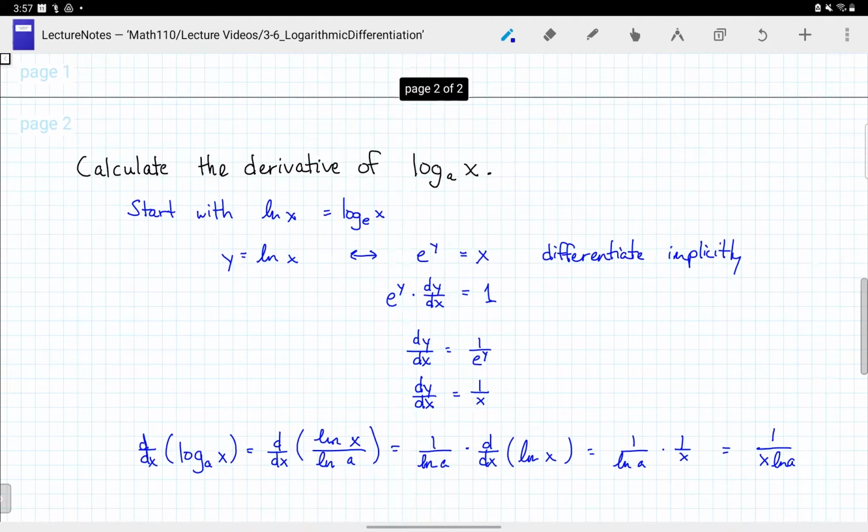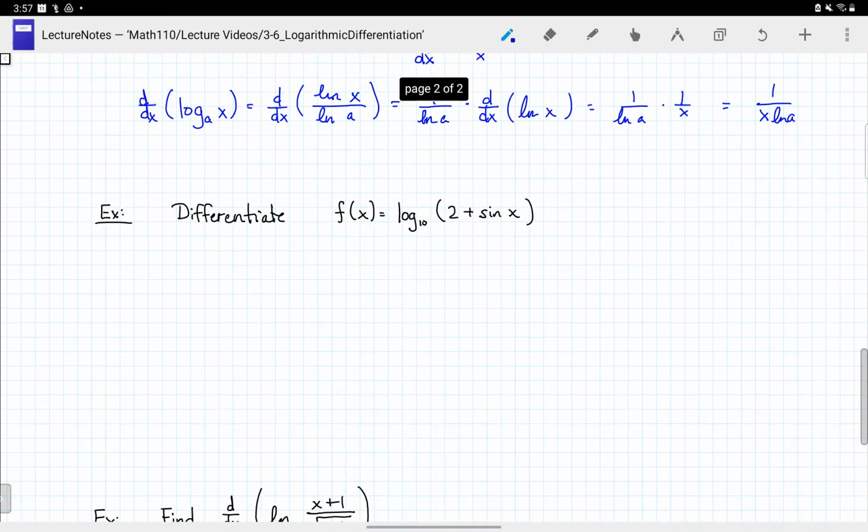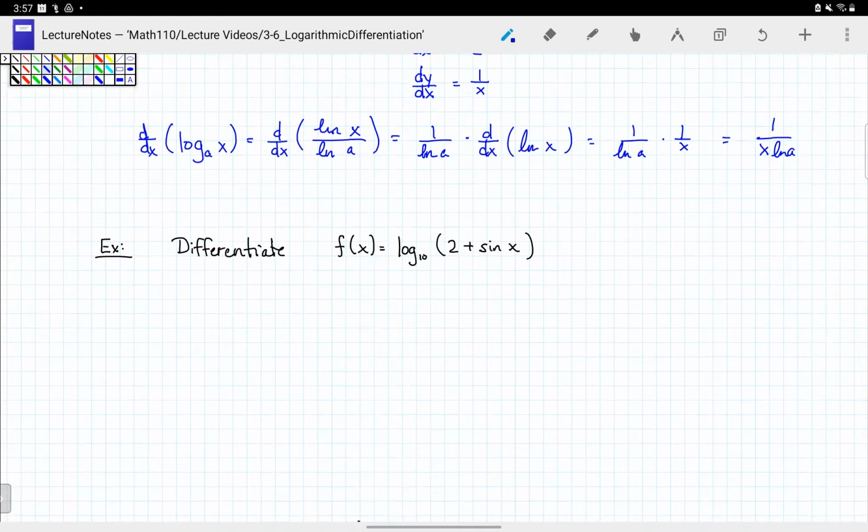All right, so let's take a look at a couple of examples. So here's an example. We're going to differentiate log base 10 of 2 plus sine of x. We are going to use the chain rule here because we have a composition of functions. We have 2 plus sine of x used as the input to the log base 10.